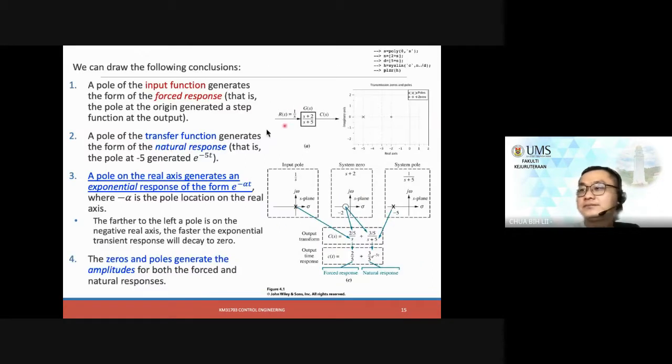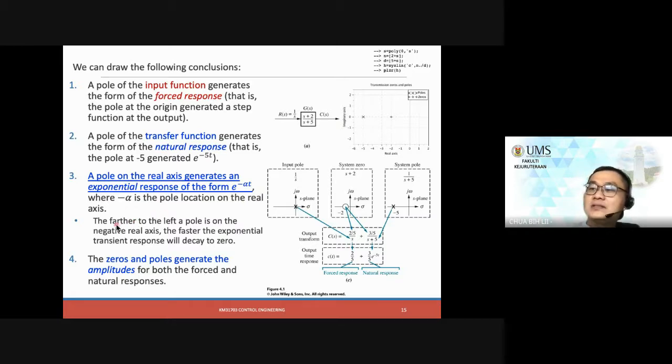So you can imagine directly in your mind, when you see a pole, this format, e to the minus alpha t. If this is 2, then it's 2, but if this is 5, then it would be 5 over there.